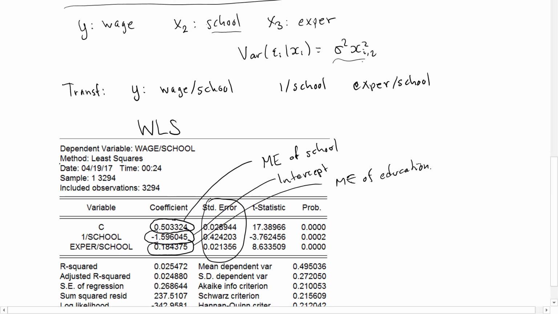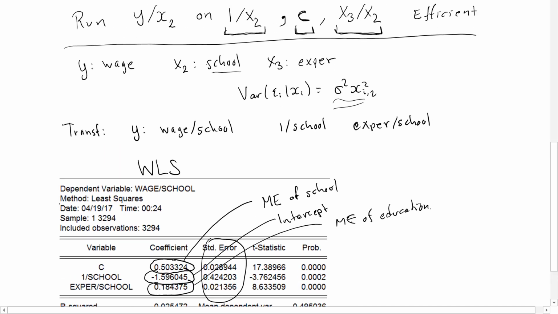These are fine as they are, well, as long as this assumption here is satisfied. And these estimates that we got here are more efficient than the OLS estimates, plus we don't have to make any adjustment to the standard errors.